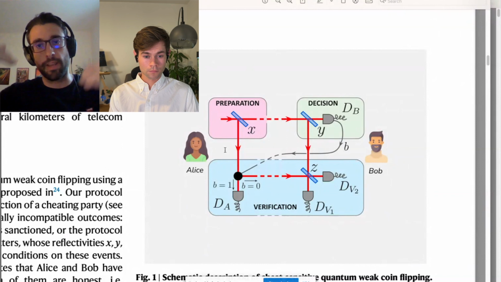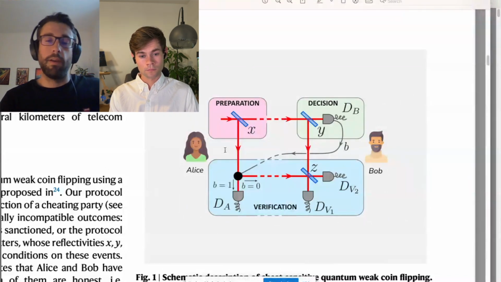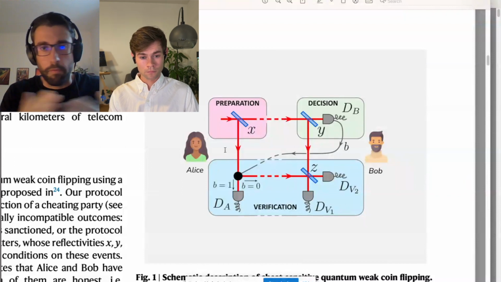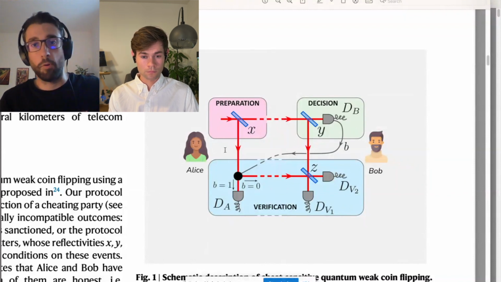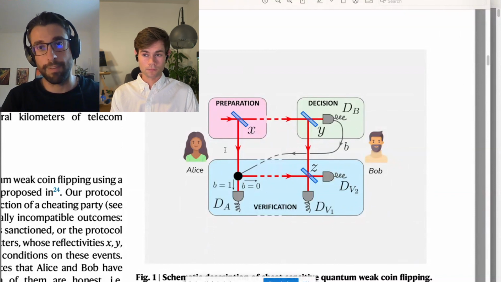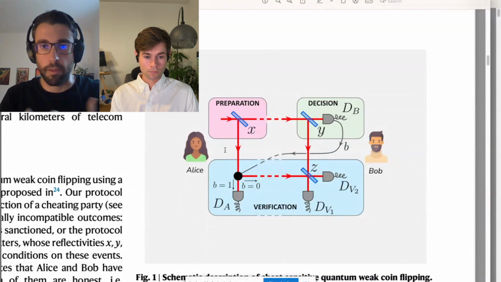But of course, then she can get caught at the verification step later. So her optimal attack will involve some form of optimization of this X parameter in order to win. It could also involve sending more photons or fewer photons, and that's what the security bound takes into account. But that's just one example of an attack that Alice can do, which is not her best attack.